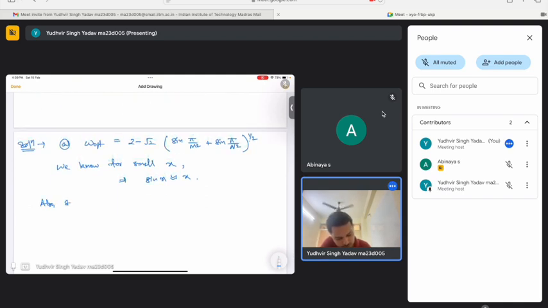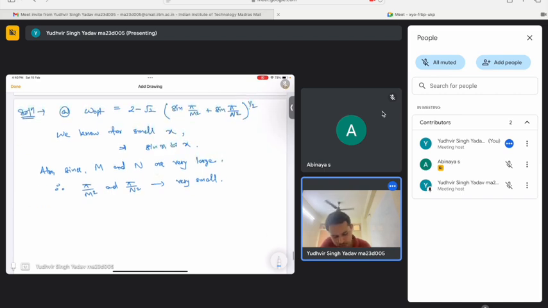Also, since m and n are very large, as given in the question, pi by m square and pi by n square will be very small, which will imply, using the above property, that sine pi by m square is approximately equal to pi by m square, and sine pi by n square is approximately equal to pi by n square.